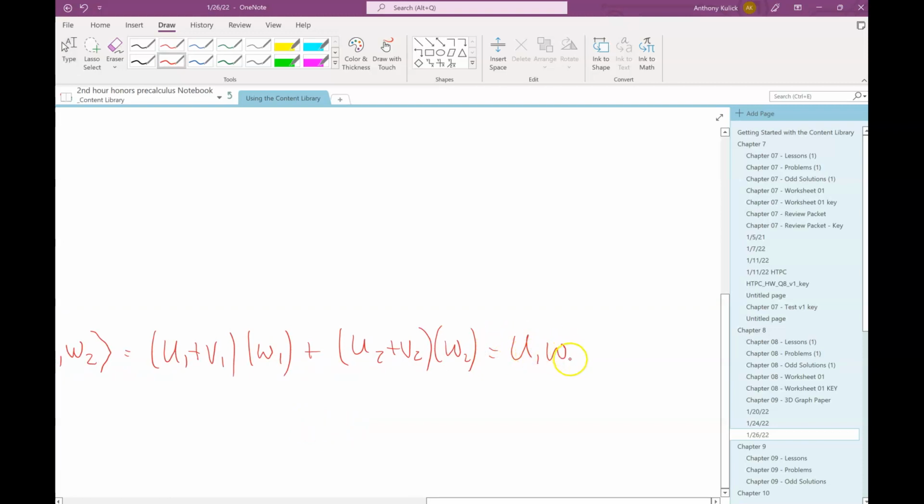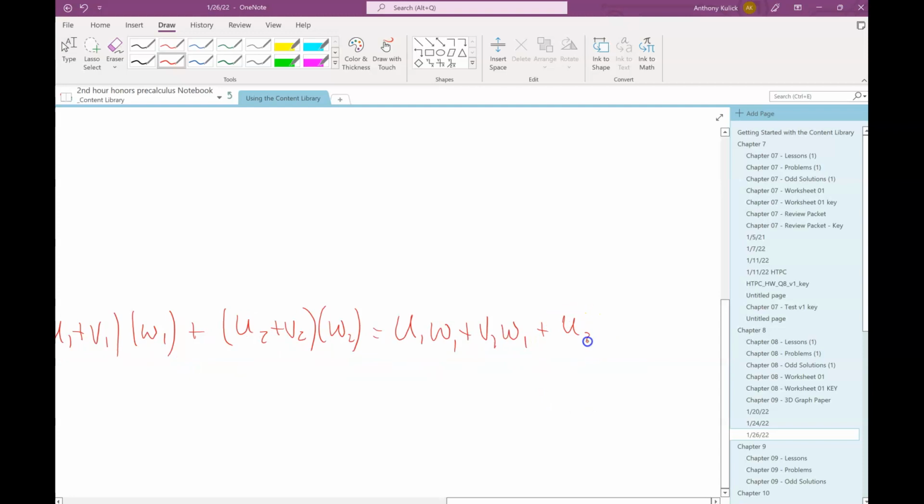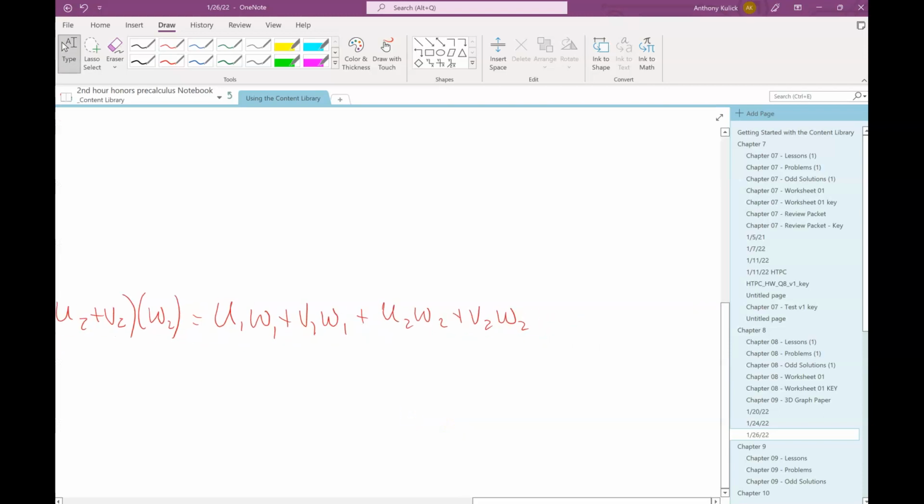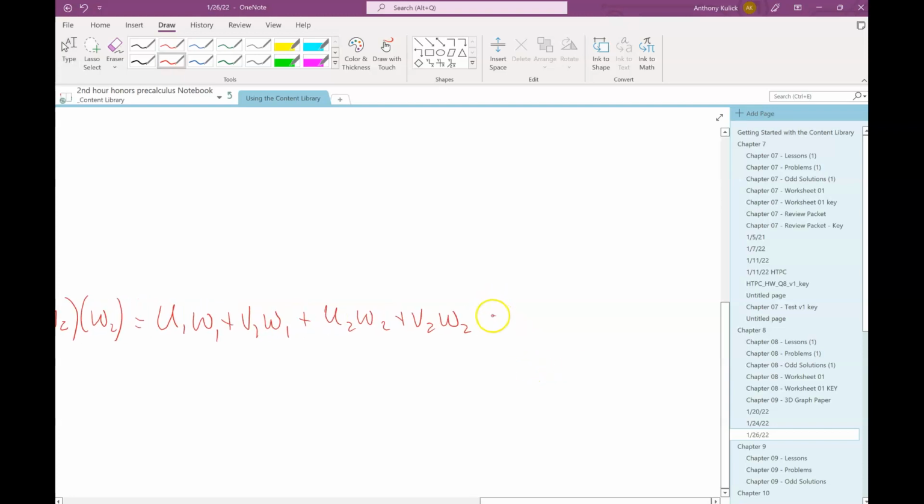So I have u1 w1 plus v1 w1 plus u2 w2 plus v2 w2. Notice at no point here do I have a vector anymore, right? These are all just real numbers. So I can regroup them in any way I'd like.